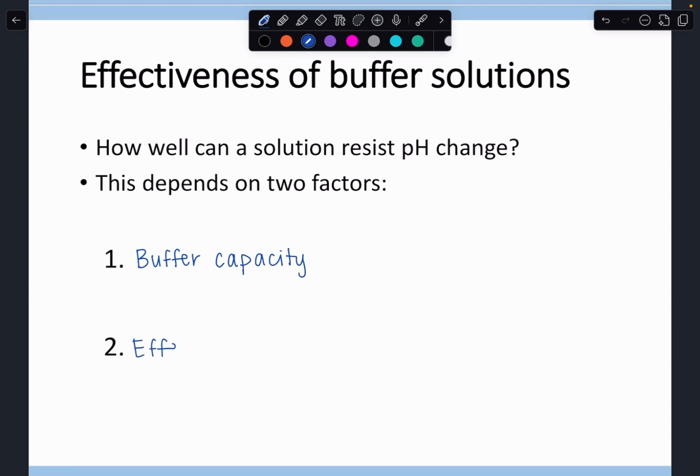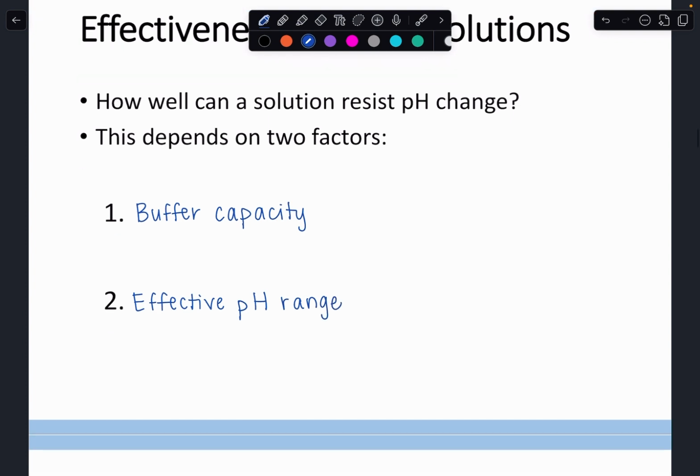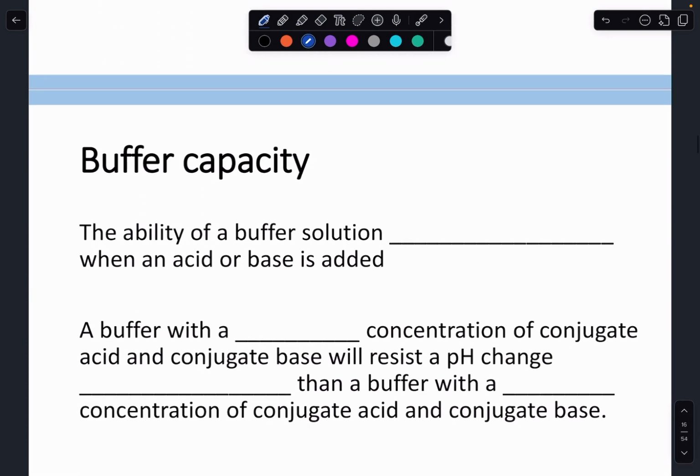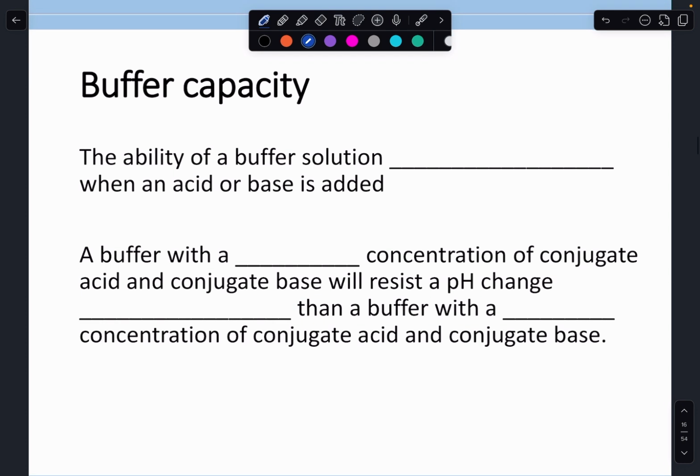So we'll talk about each of these. Buffer capacity is the ability of a buffer solution to resist change in pH when an acid or base is added.